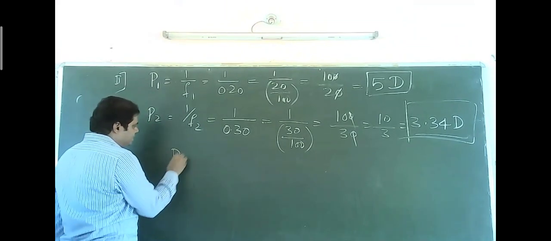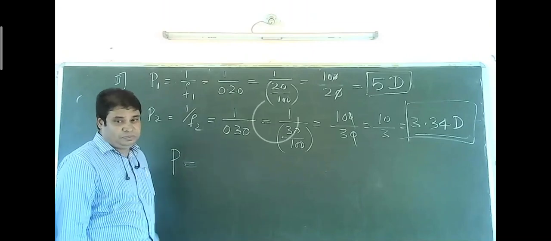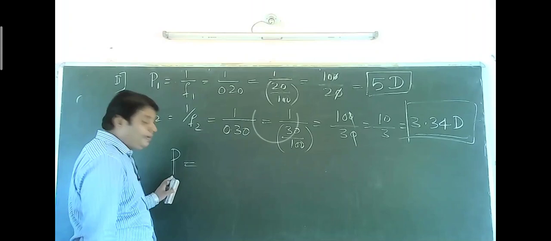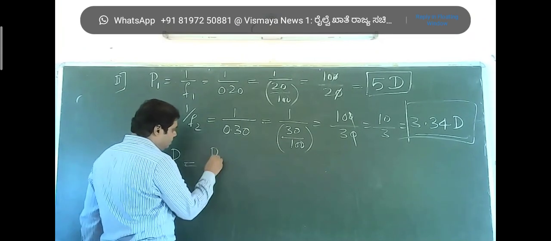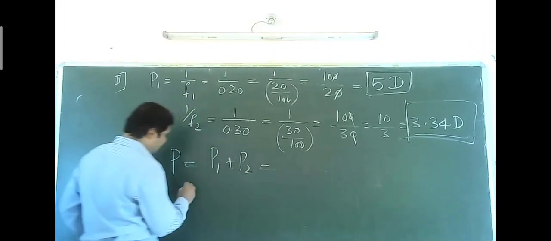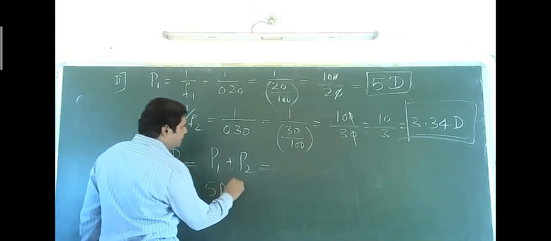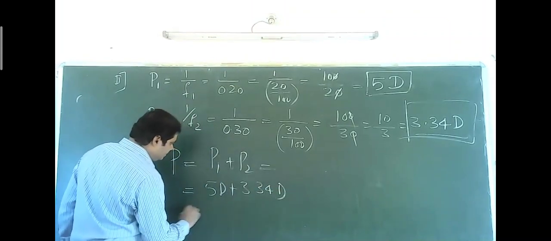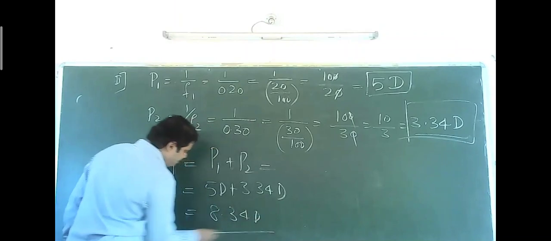Now, what is the combination of both the lenses? Effective power P is equal to P1 plus P2, which is equal to 5D plus 3.34D, which is equal to 8.34D.